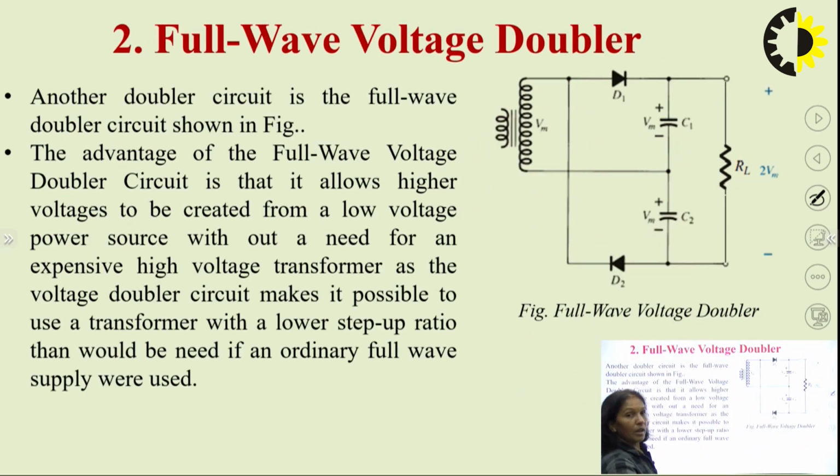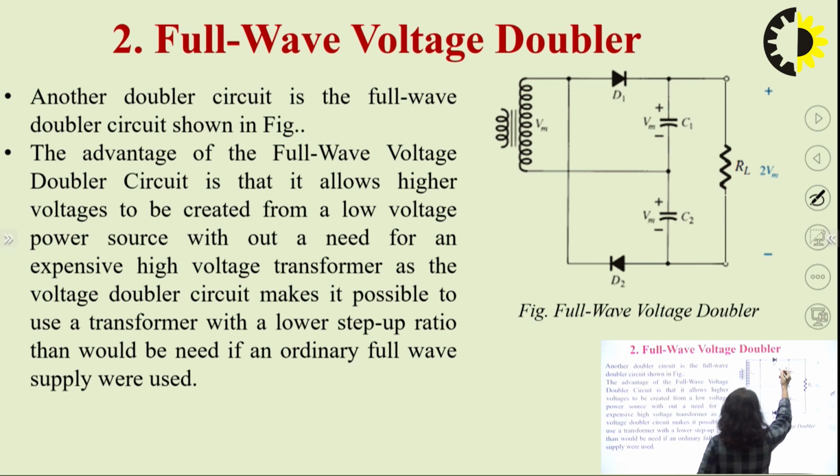Second type of the half wave voltage doubler is the full wave voltage doubler. Full wave voltage doubler is again, because it is a doubler circuit, we are going to use 2 diodes and 2 capacitors, but the circuit is slightly different. Here we can see that this is the circuit.